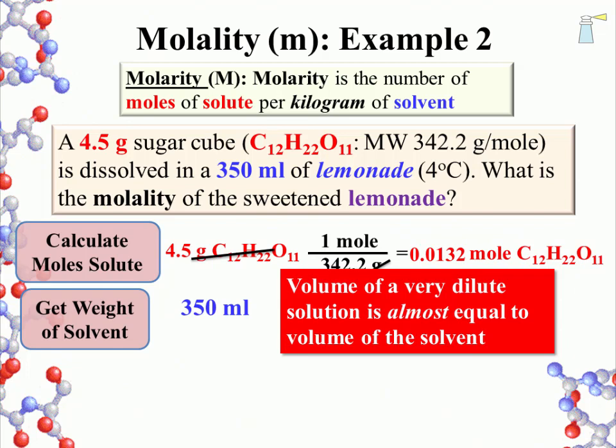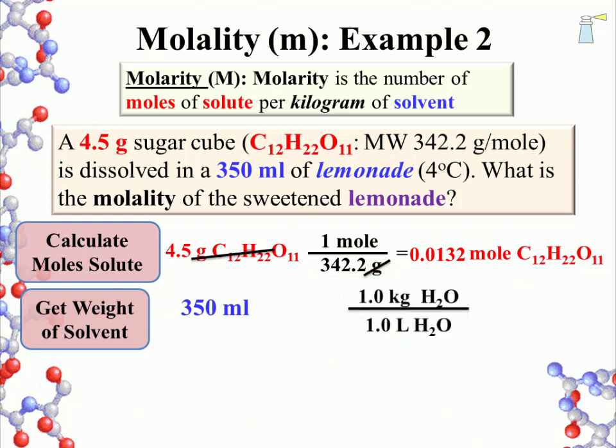Given that, we will say that the volume of very dilute solutions is almost equal to the volume of the solvent. It will not be too big of a stretch to consider the lemonade as essentially all water, which does have a nice conversion. There are temperature constraints to this conversion, and a check of the problem shows that the conversion is acceptable to 2 significant figures. A second issue with 350 mL is that the conversion factor uses liters as its volume units, not mL.